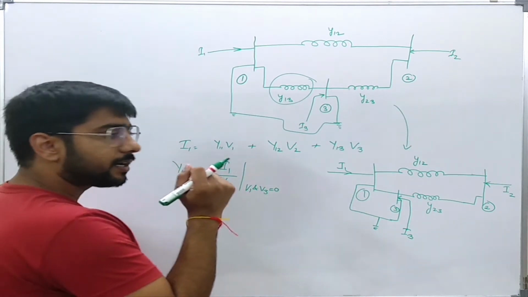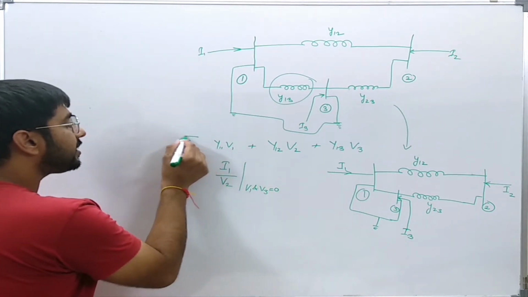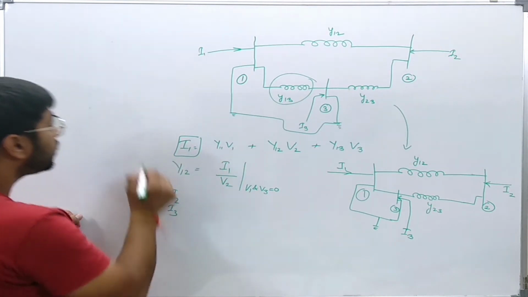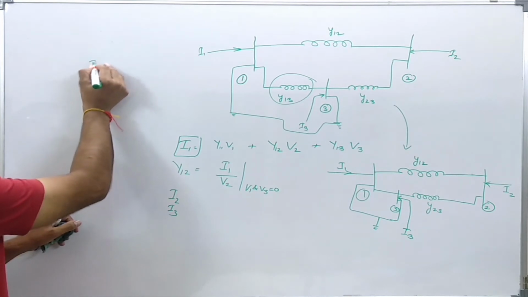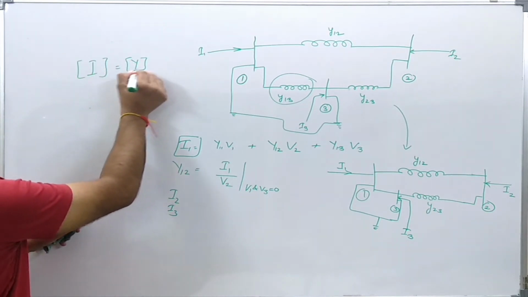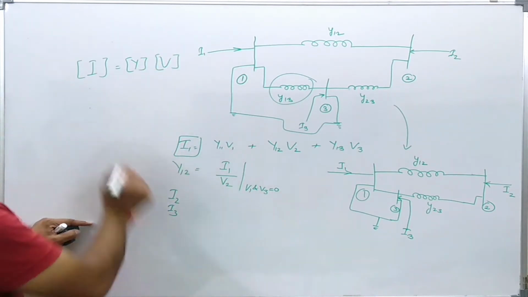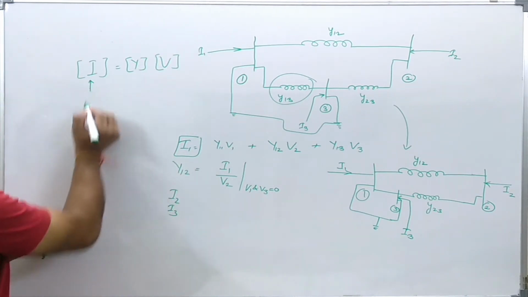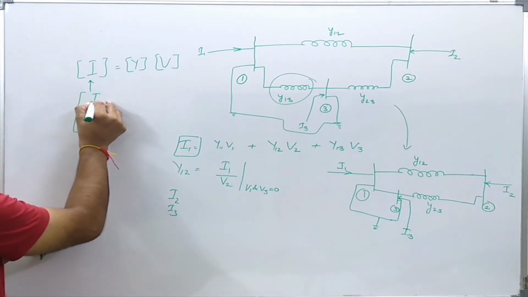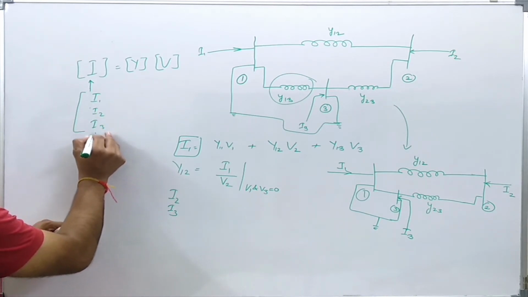There is a very subtle point in which we should know what is I1, I2 and I3. That is, whenever we write I is equal to YV, what does it mean? It means the source currents which are entering from a node to the transmission network.